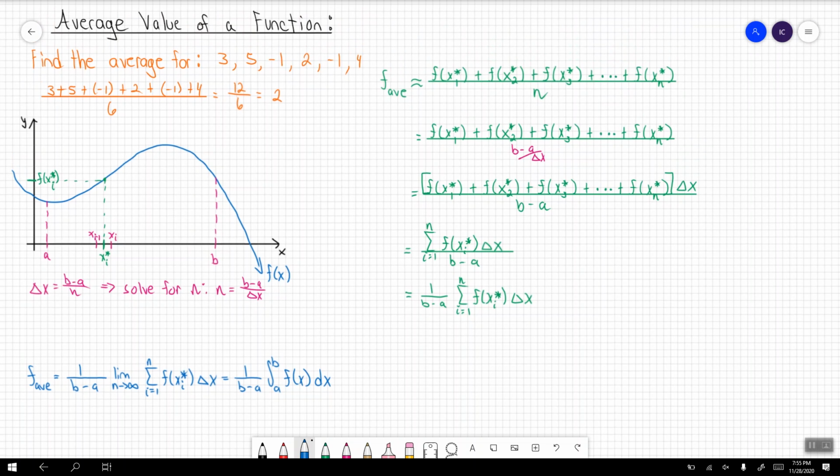Therefore, we don't have to go through the whole process of identifying each individual output and dividing by how many n values we observed. We can just use calculus: this is just an integral of the function from a to b, and it's going to give us some value.